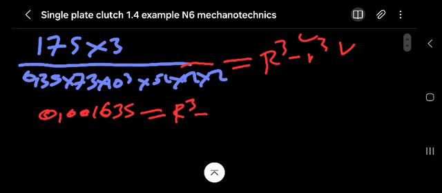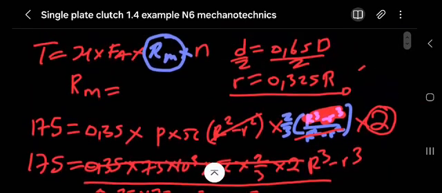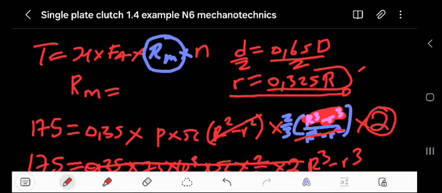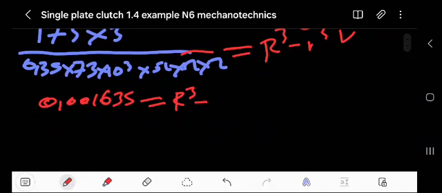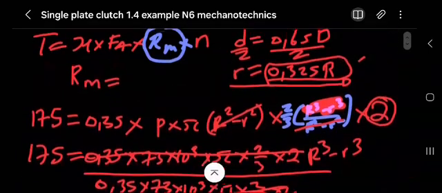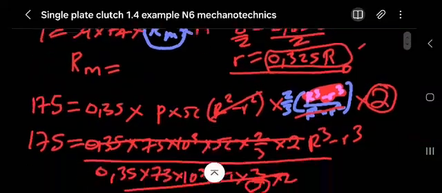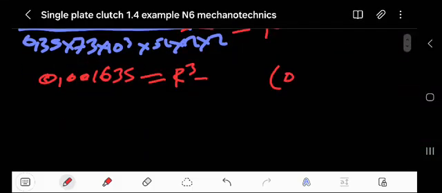So we can substitute r. We said here small r is equal to this, as you can see. But now this is cubed, we have r cubed. So if you substitute that r, which is 0.325 R, but we have cubed.